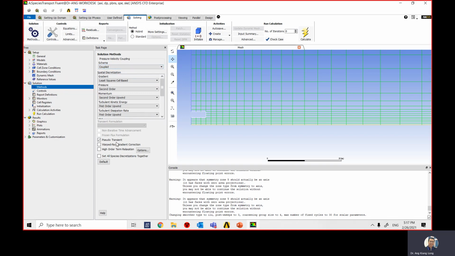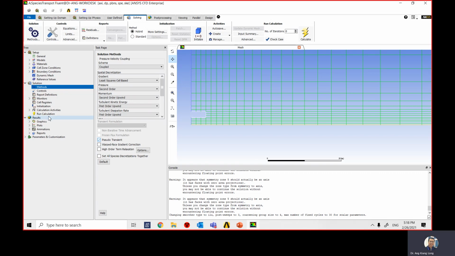The combination of the pseudo transient and the coupled scheme will help the equation to solve in a faster way to improve the stability and convergence behavior. In short, it means that you're able to reach convergence faster.